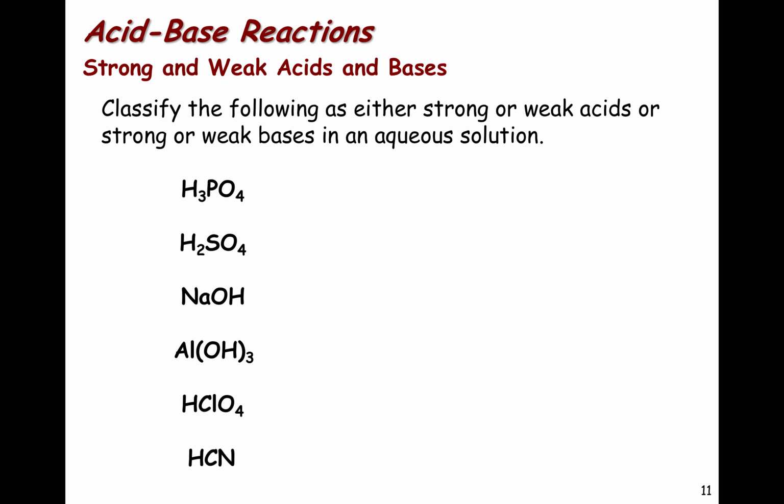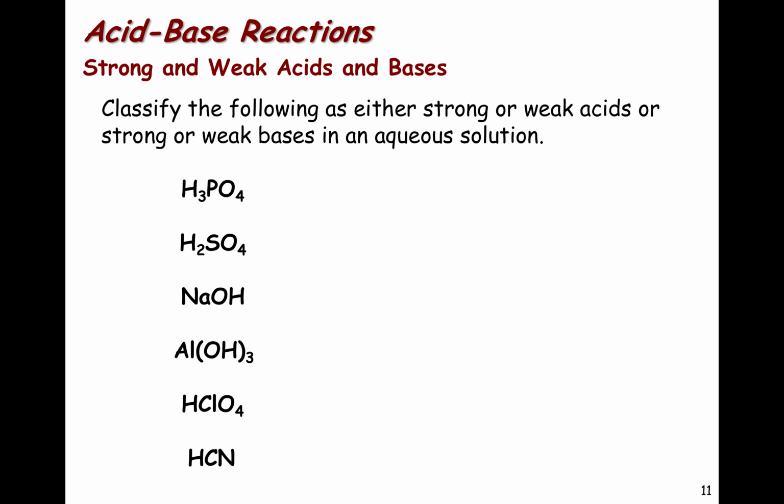So now if you have memorized your strong acids and strong bases, we can see how well you can do this. If we were to try to classify the following formulas as either strong acids or strong bases, or weak acids and weak bases, we can start with the first compound here, H3PO4.